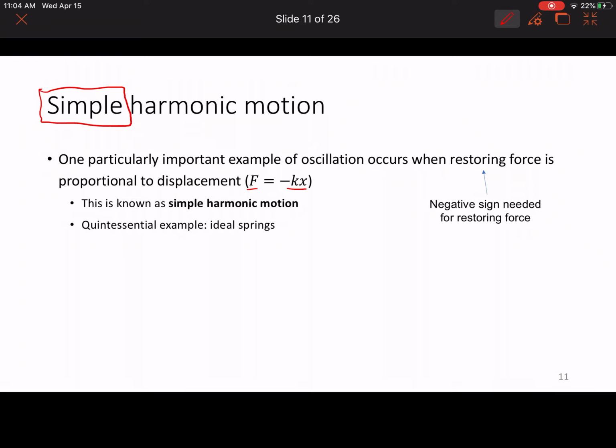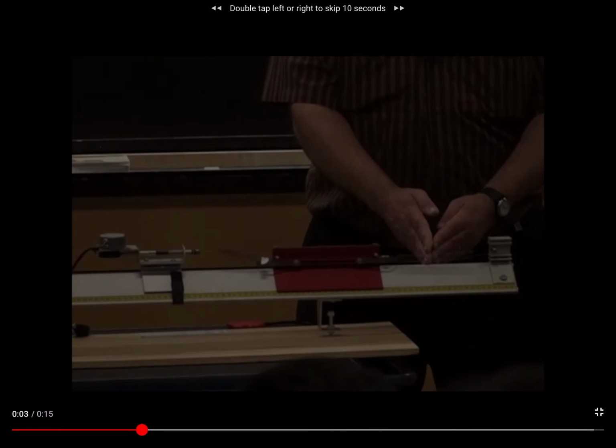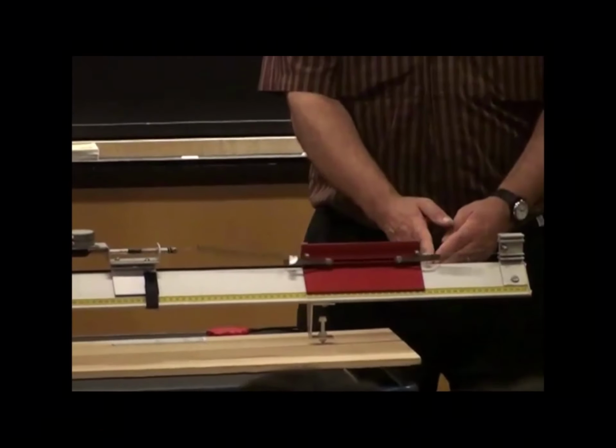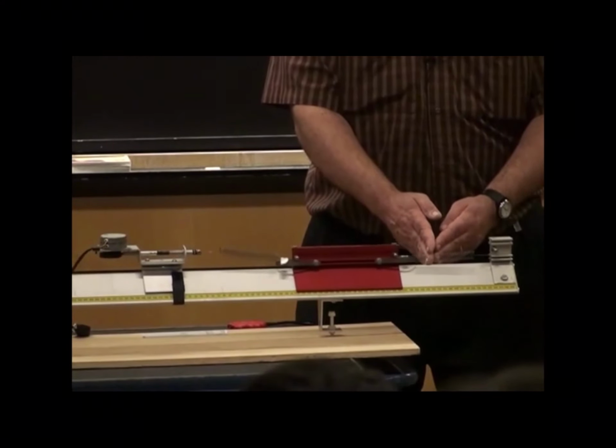And that looks pretty familiar, right? F equals negative k times x. That is just a spring. So this is basically the physics of oscillations of a spring. For example, my slinky, or if we go back to our pretty video, when I have two springs attached to a mass, that's going to be, in the absence of friction, simple harmonic motion.